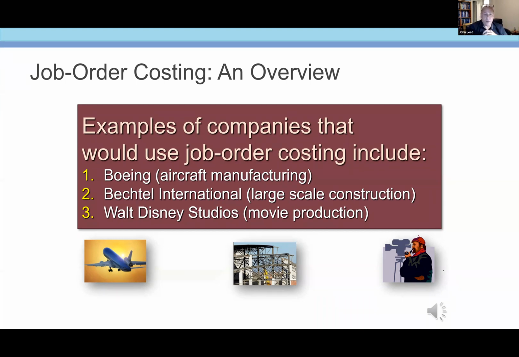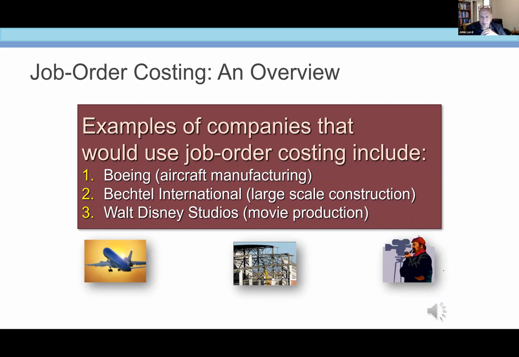Maybe they do work for the Air Force where they produce military aircraft. So every aircraft is going to be a little bit different. And if that's the case, we'll gather our costs using a job order costing system. There's been a contract, somebody's ordered that, and we're producing that good specific to that contract.